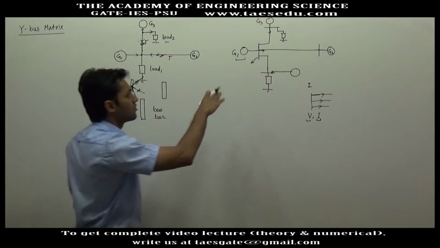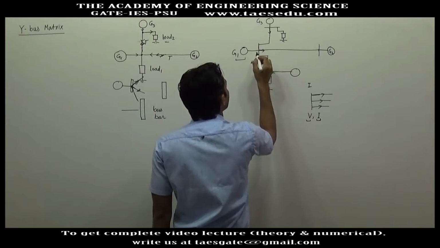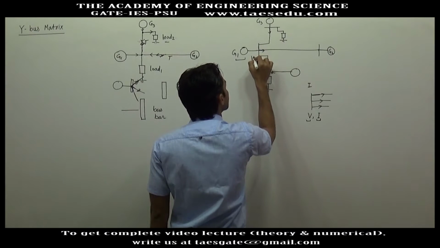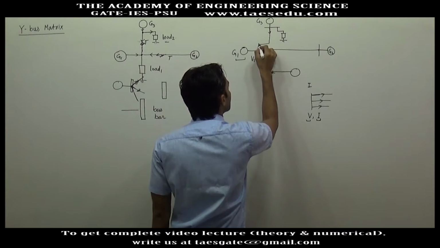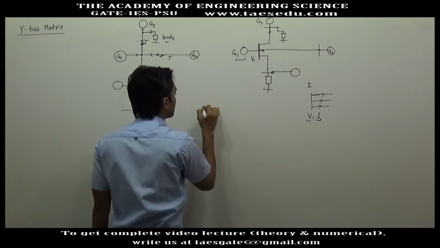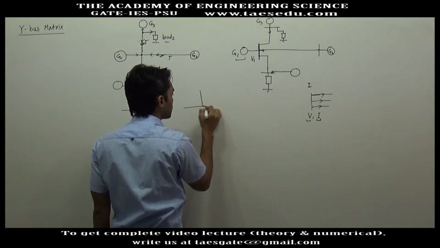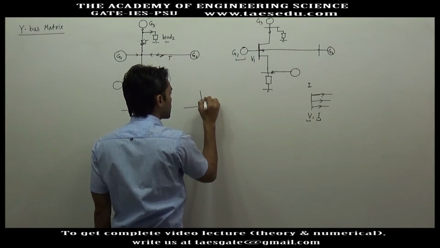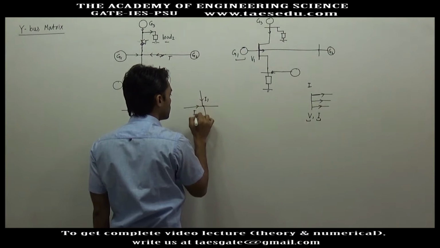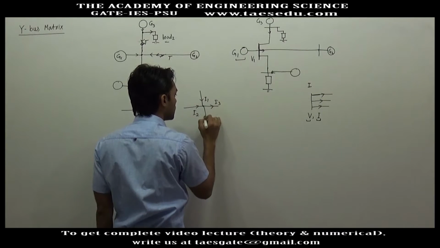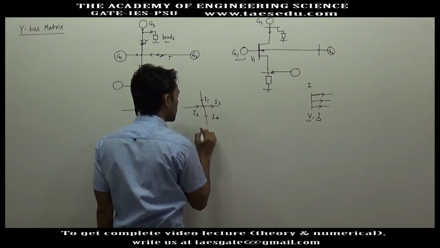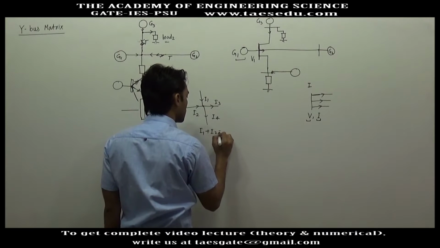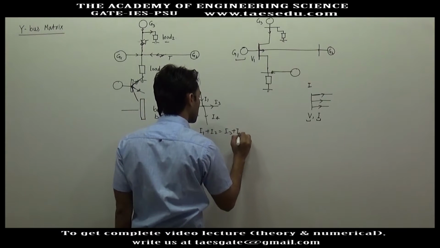Okay, let's say we have 4 buses here. There will be some voltage of this bus, and what will be the current of this bus? If I show a junction, 2 currents are coming, I1, I2, and let's say I3 and I4. I will write I1 plus I2 equals I3 plus I4.